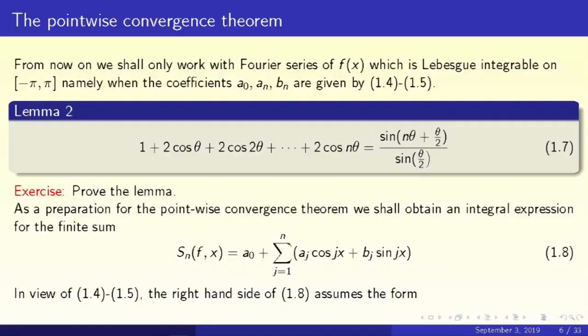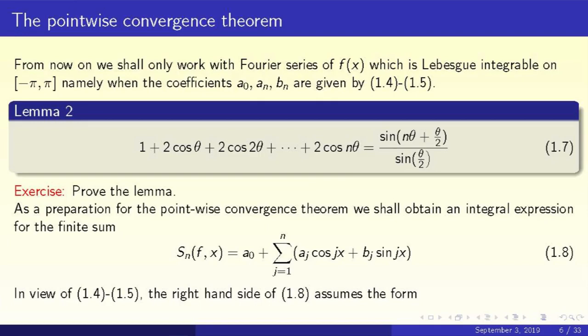All right. So, what do we get? We will get 1 upon 2 pi into integral from minus pi to pi f of t into, from a0, that's simply 1 times f of t.